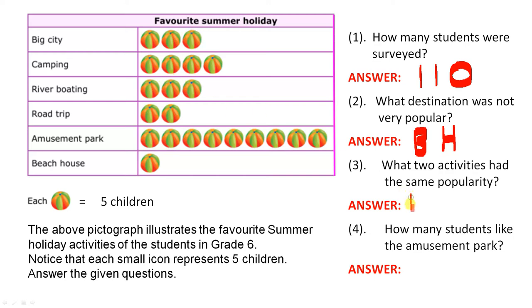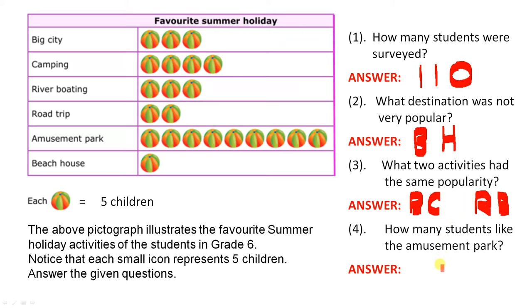So the answer, and we'll do the letters again to save time, the big city had the same popularity as river boating. RB. So the big city and river boating had the same popularity.